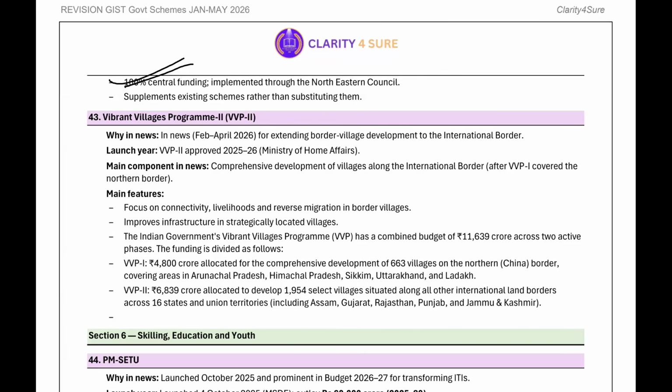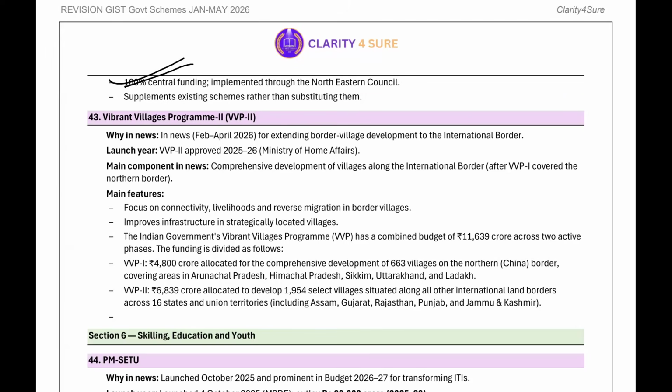So what are the key points for this Vibrant Villages Programme 2? The first key point is border village development.